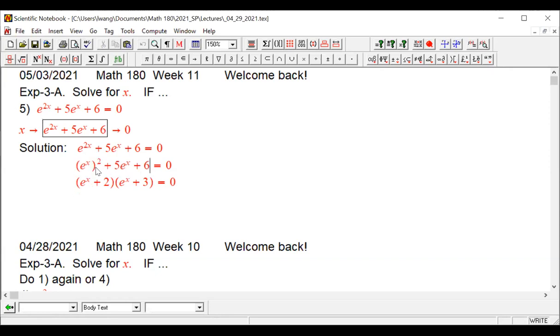Basically, we view this as u squared, and this is u, and that is u. So right now, I'm doing this implicitly. Any questions so far?